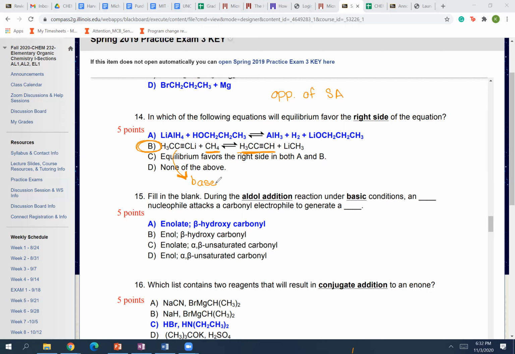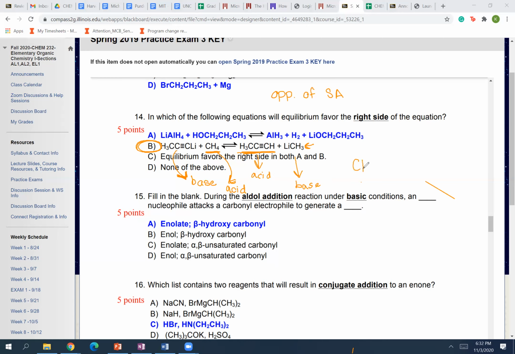If the organometallic is the base, then the other species has to be the acid. Going over to our products, we see that this carbon right here of the lithium methyl species is going to have a negative charge, so that will be the base, and thus this guy has to be the acid.